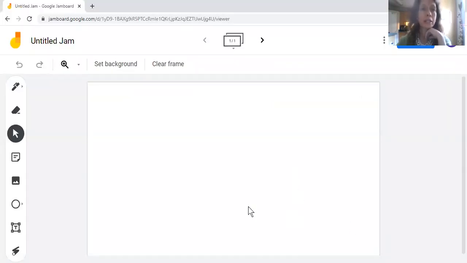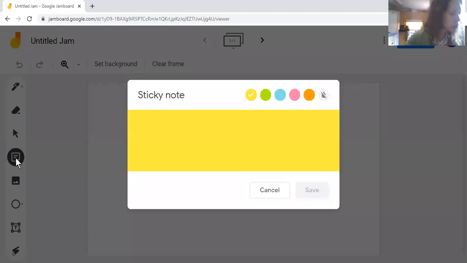And let's see, we're going to do a Jamboard called Parícutin volcano. And I need to see if I can get some spelling here on it.